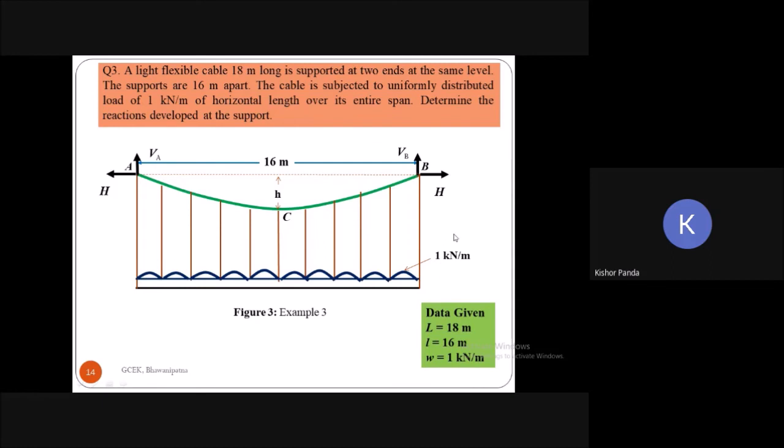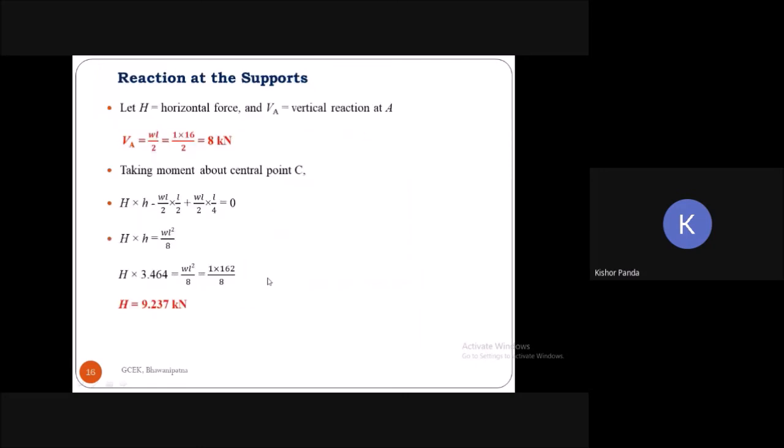The UDL is given 1 kilonewton per meter, 1 into 8 into 4. So here H into small h minus WL by 2 into L by 2, so W is given 1 and small l is given 16: 1 into 16 by 2 into 16 by 2 plus 1 into 16 by 2 into 16 by 4.